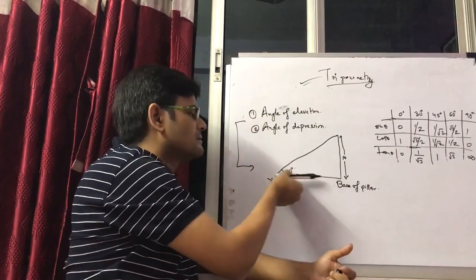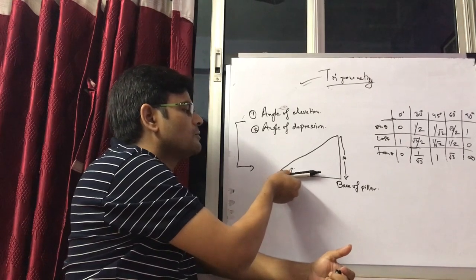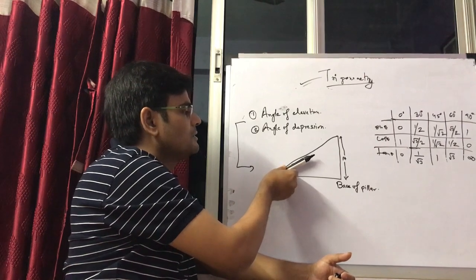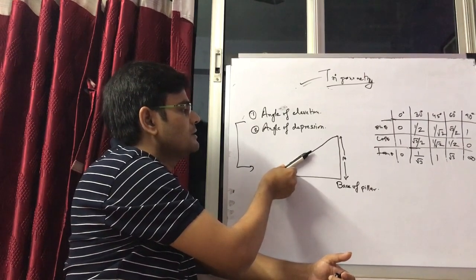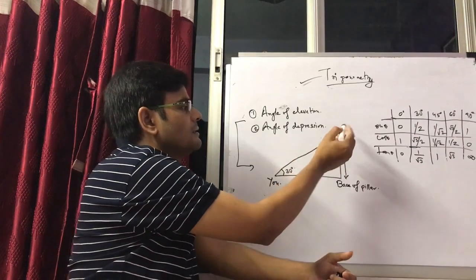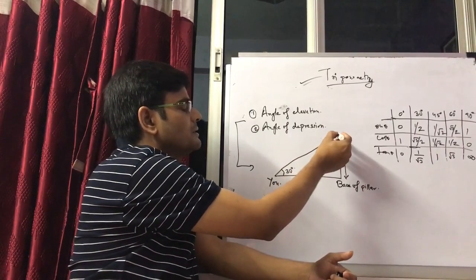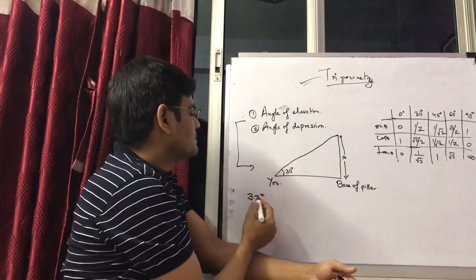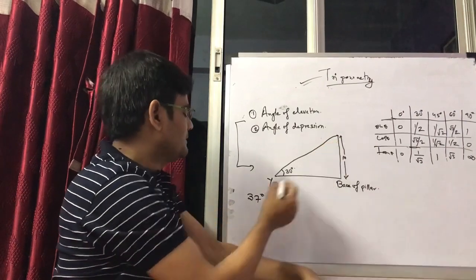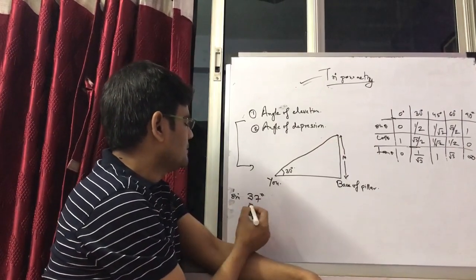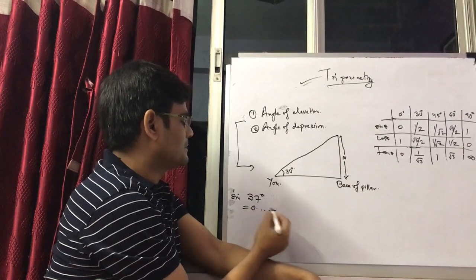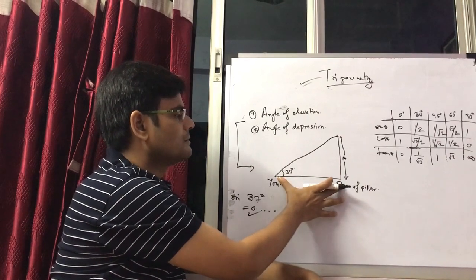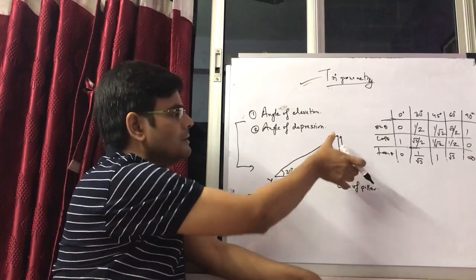You stand at a distance and keep rotating the machine, and it shows you the angle, and as soon as you see the tip of the building or monument, you stop, say 37 degrees. If you know sine 30 and everything, you have a predefined value of sine 37 also, 0 point something. If you know that value, you can calculate the height of the building.